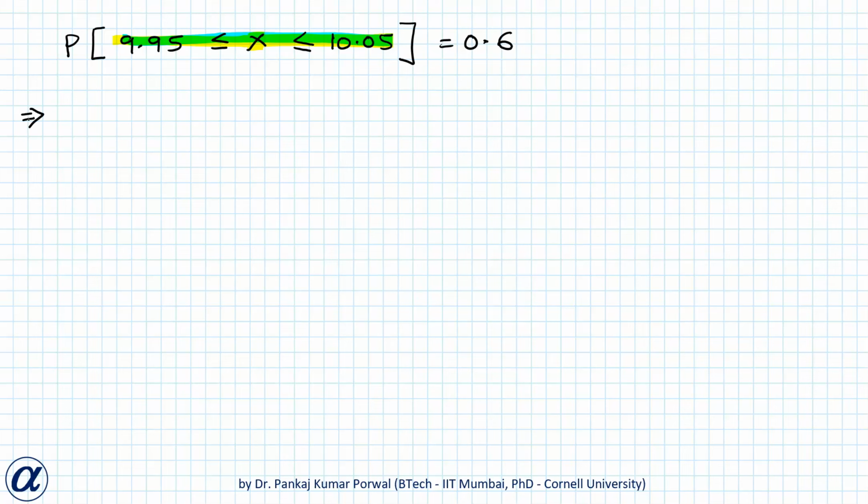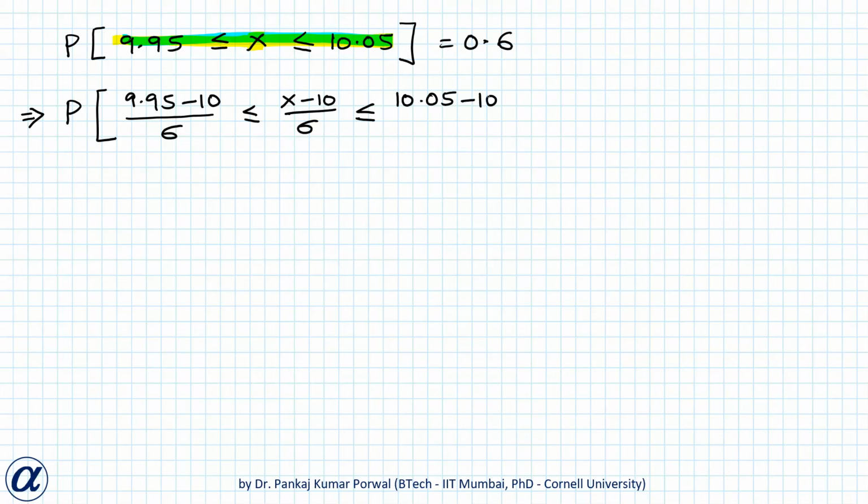So subtract the mean and divide by standard deviation. So I get 9.95 minus 10 divided by sigma less than or equal to X minus 10 divided by sigma less than or equal to 10.05 minus 10 divided by sigma is equal to 0.6.